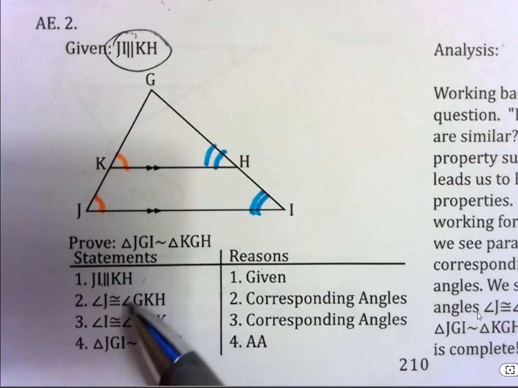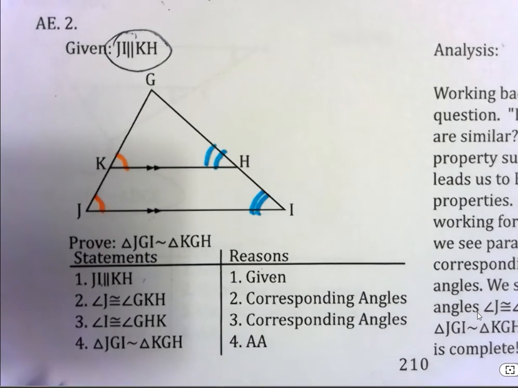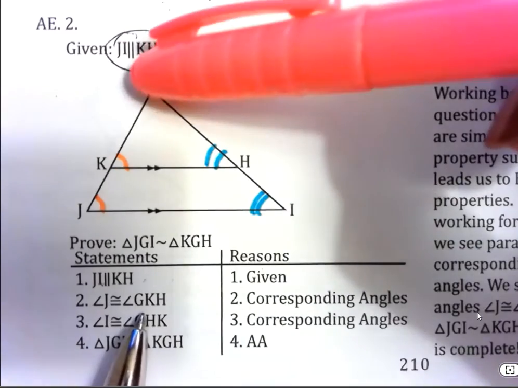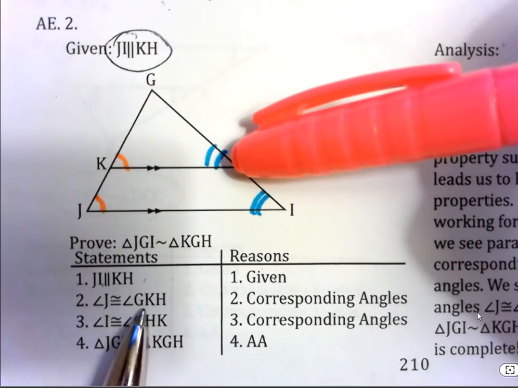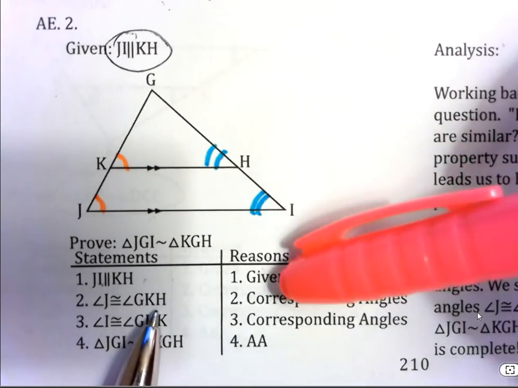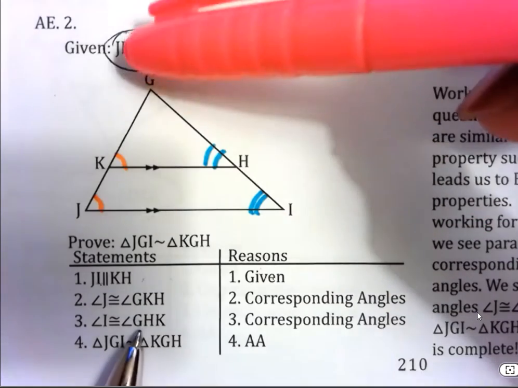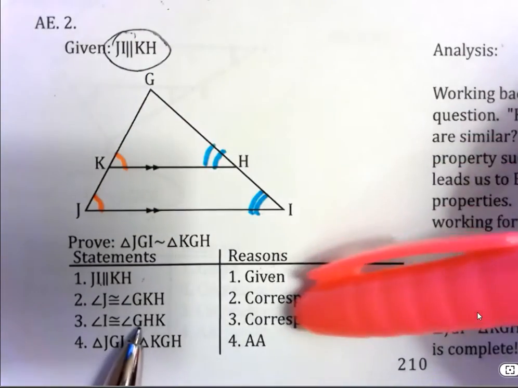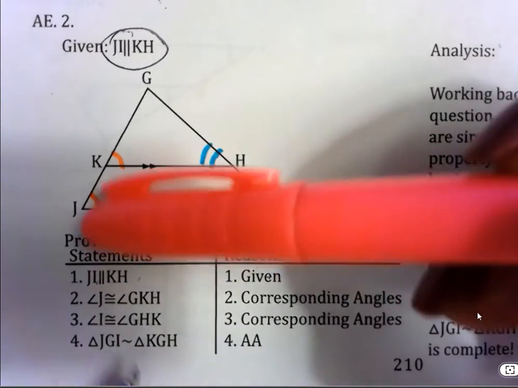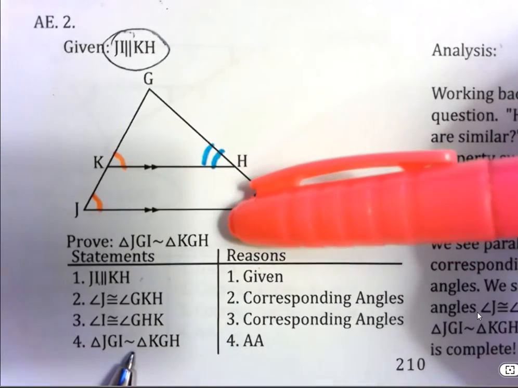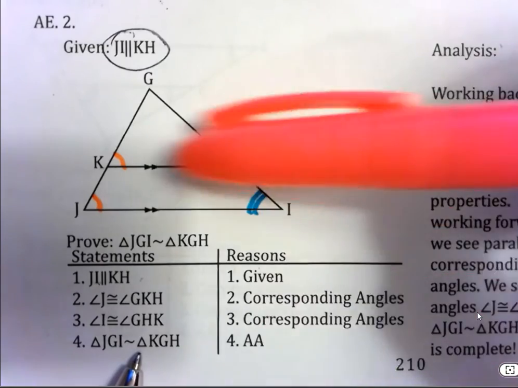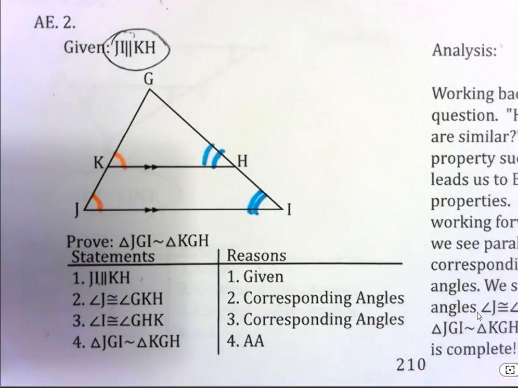Angle J is congruent to angle GKH because they're corresponding angles. Angle I is congruent to angle GHK because they are corresponding angles. Therefore, your proof statement is true because of the angle postulate.